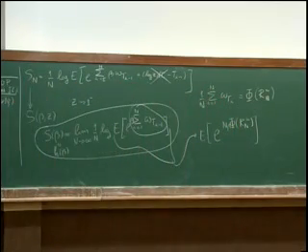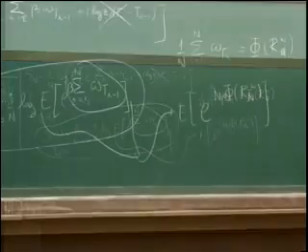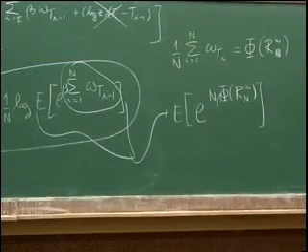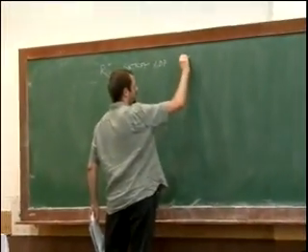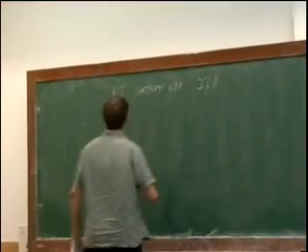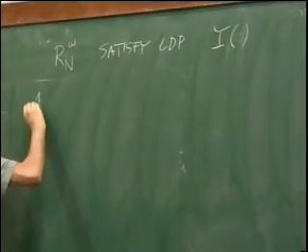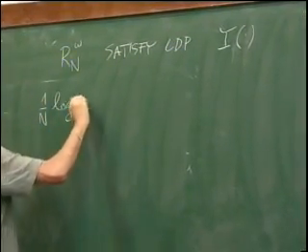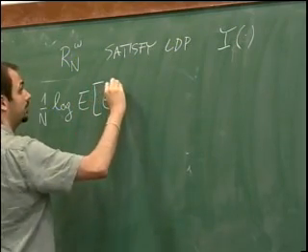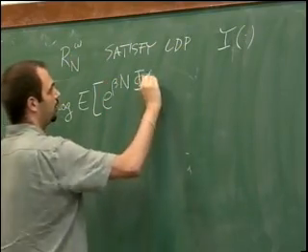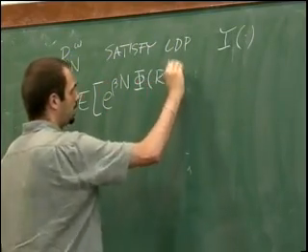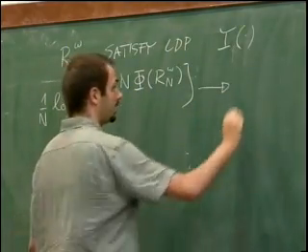Is that if R_n satisfy a large deviations principle with rate I, then 1 over n log of the expected value of the exponential of n beta phi of R_n has a limit, and the limit is quite simple to write.